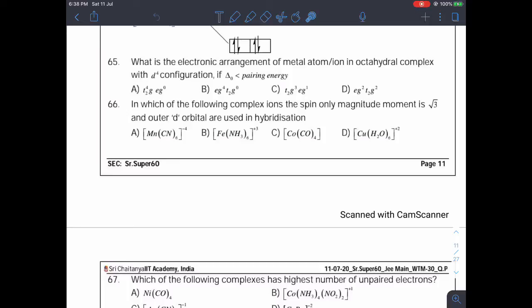Now let's talk about this [Cu(H2O)6]2+. This seems to be very reasonable, because if you see here, this is copper with H2O six times and charge plus 2. So what is the charge on copper? That is plus 2. That means Cu2+ will be argon 3d9 4s0.